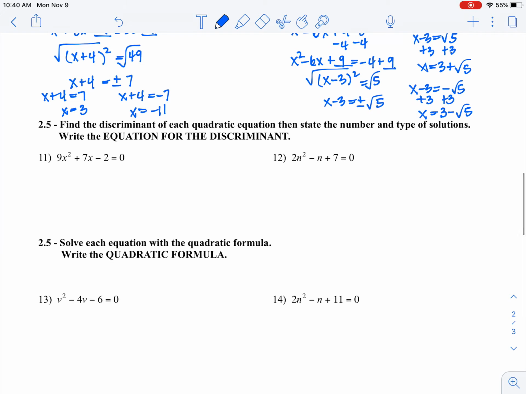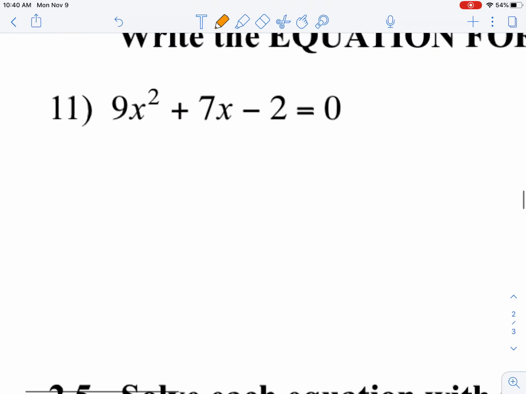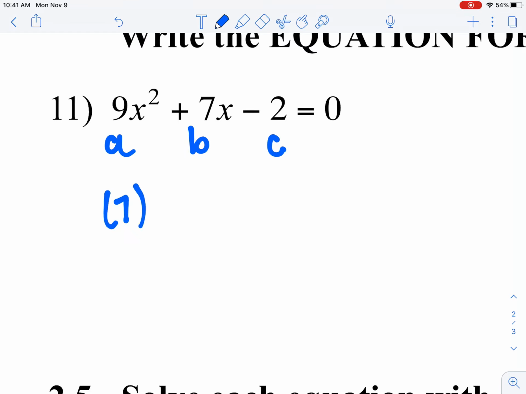Here it says, find the discriminant of each quadratic equation, then state the number and type of solutions. Remember, the equation for the discriminant is b squared minus 4ac. So in this case, a is 9, b is 7, c is negative 2. So I'll say 7 squared minus 4 times 9 times negative 2.